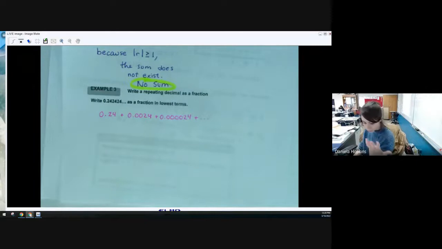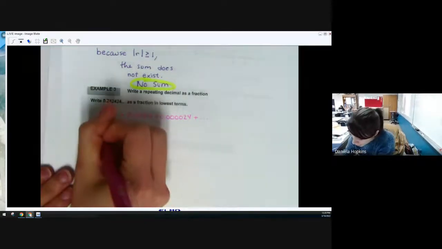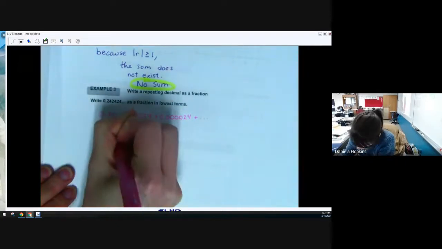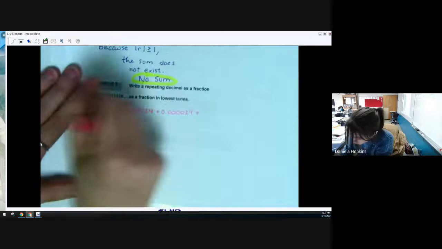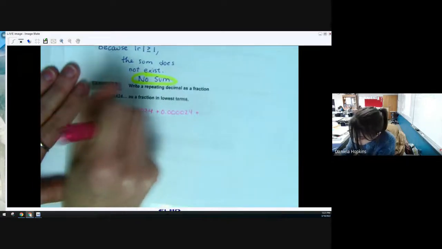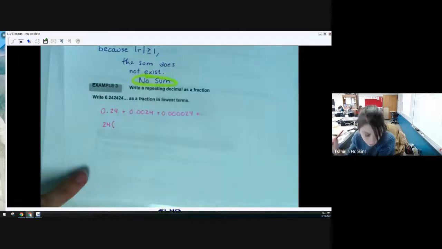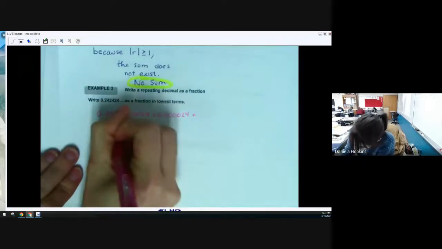Okay, well, when you have it written like this, we can actually write this now as a series where our A term is, not 0.24, excuse me, 24. Yes, 24. I know, it's weird. 24 times 0.01. That would move your decimal back.